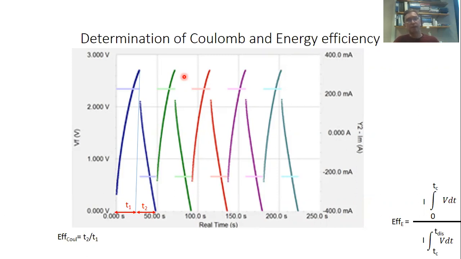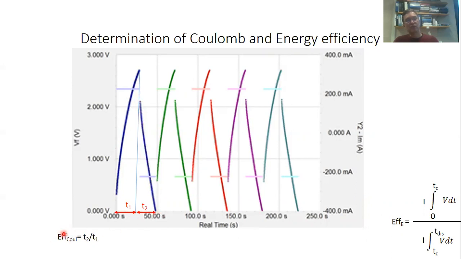The number of coulombs is nothing else but current times time. When we perform a galvanostatic charge-discharge experiment, we keep the current constant while we charge and discharge.